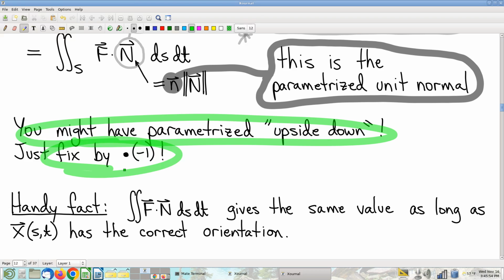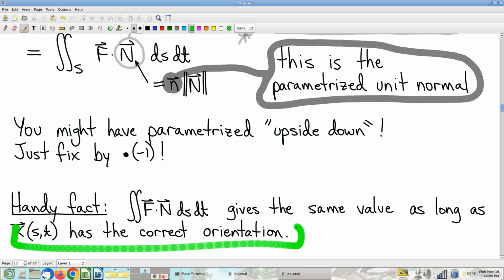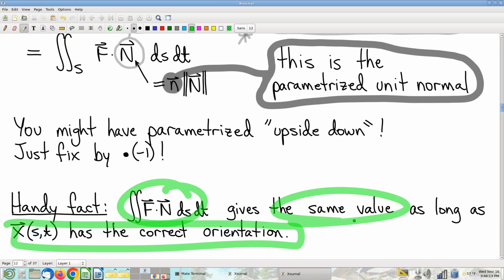You just fix it by throwing in an extra minus sign. And that's all there is to it. Let me show you an example. Oh, before the example, real quick. Assuming you get the orientation correct, nothing else matters. The value that you're going to get for this integral is going to be the same no matter what, as long as you have the orientation correct.